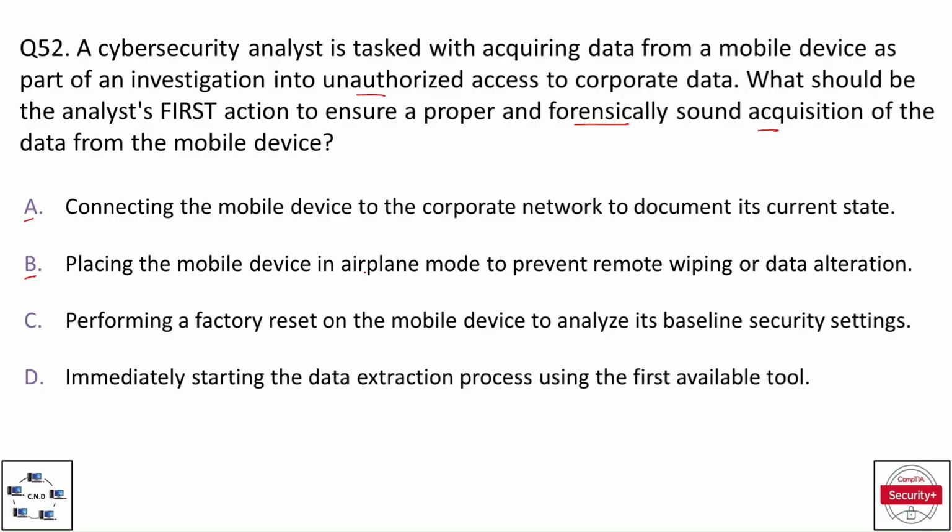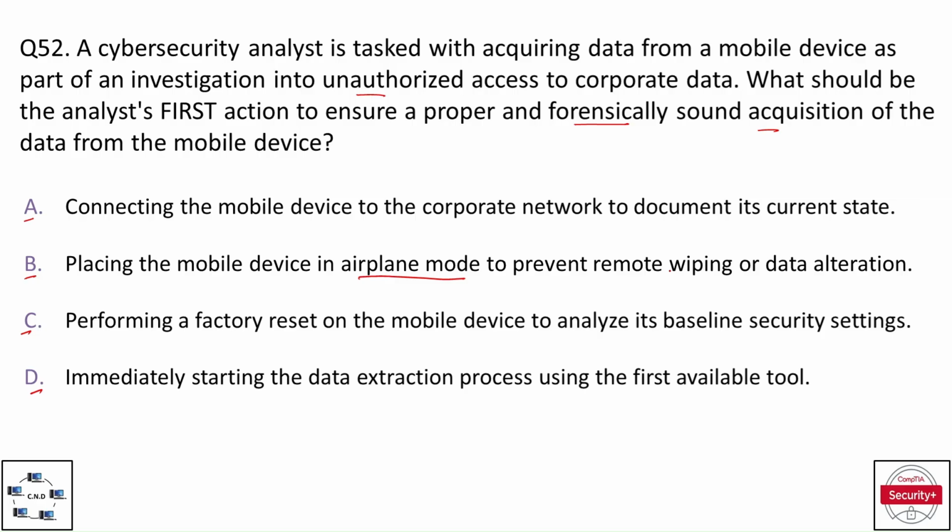Option B, placing the mobile device in airplane mode to prevent remote wiping or data alteration. Option C, performing a factory reset on the mobile device to analyze its baseline security settings. And option D, immediately starting the data extraction process using the first available tool.